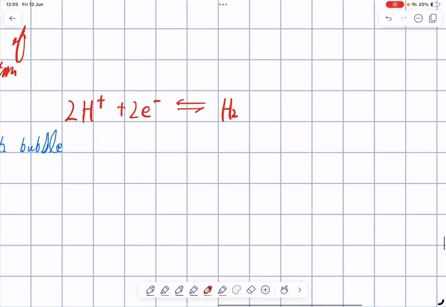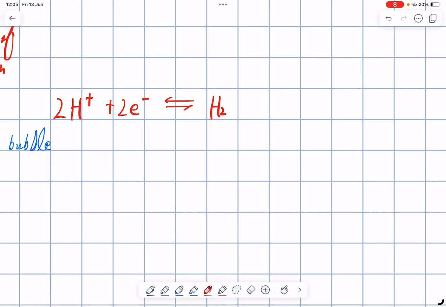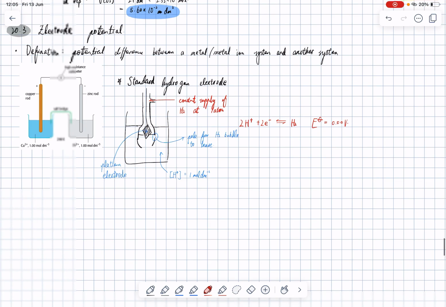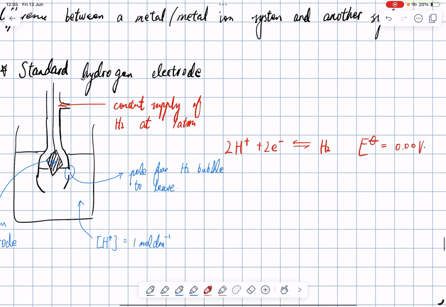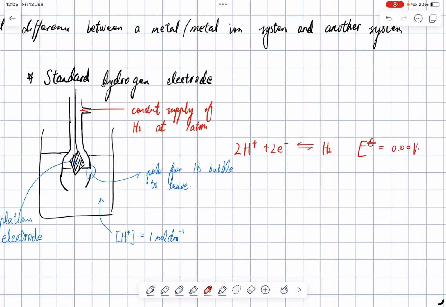And in later discussion, we'll see the E standard for this is 0.00 volt. This is our reference because we use this as 0.